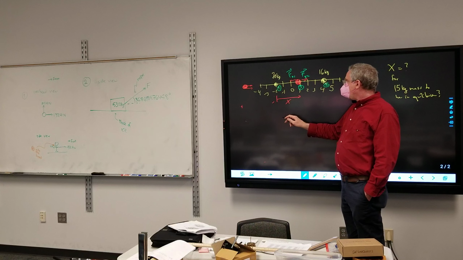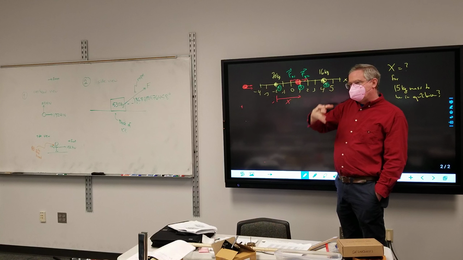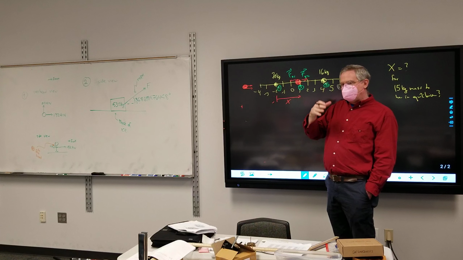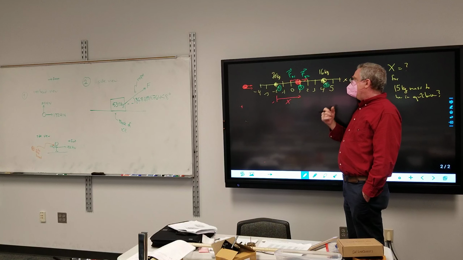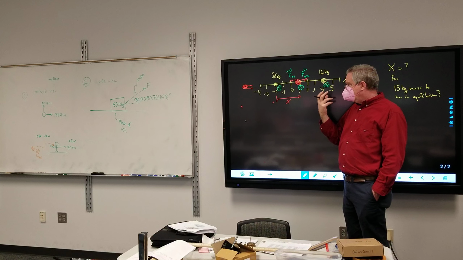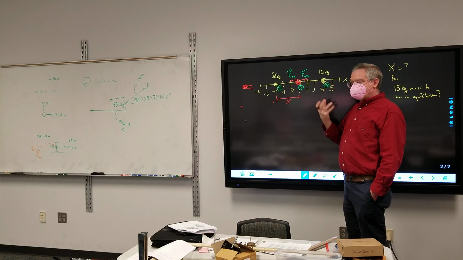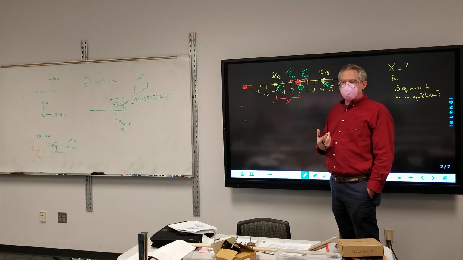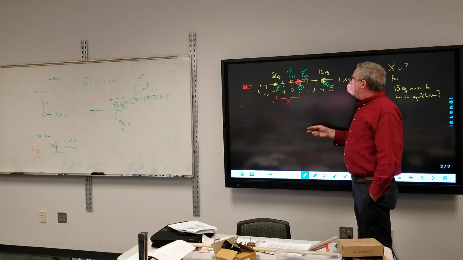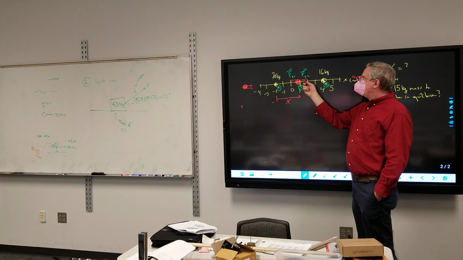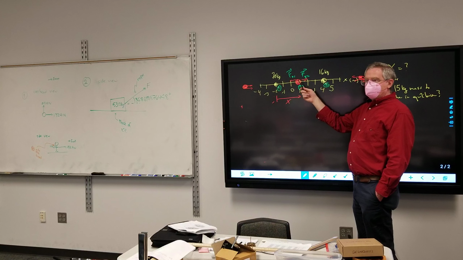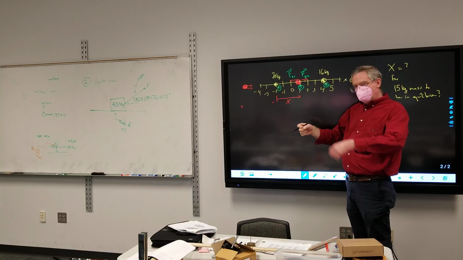So, I can look at this two ways. There's the strict adherence to the math, and then there is the conceptual approach to the math. I know that if it's in equilibrium, those two forces are going to add up to 0. So the pull to the left has to equal the pull to the right.